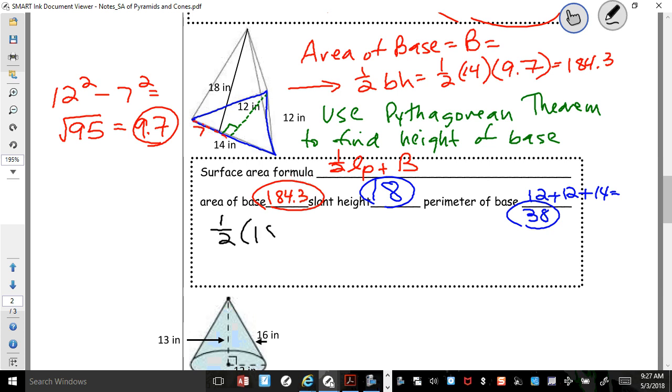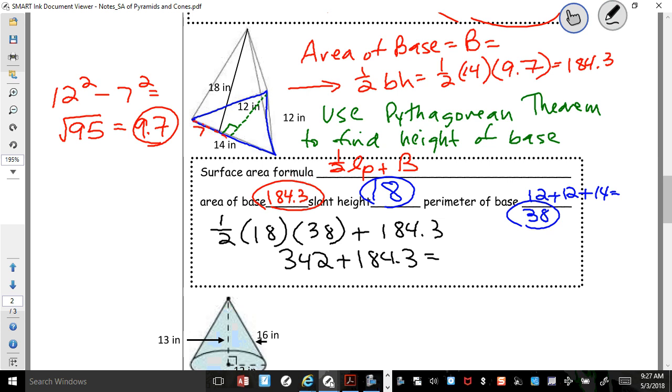Slant height is what? 18. Perimeter is what? 38. All right, in your calculator, what is 1/2 times 18, which is 9? What's 9 times 38? What is it? 342. Plus 184.3, which is what? 526.3.